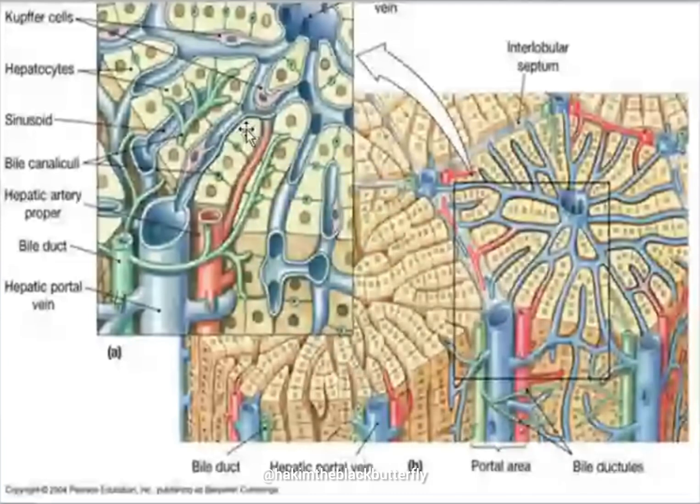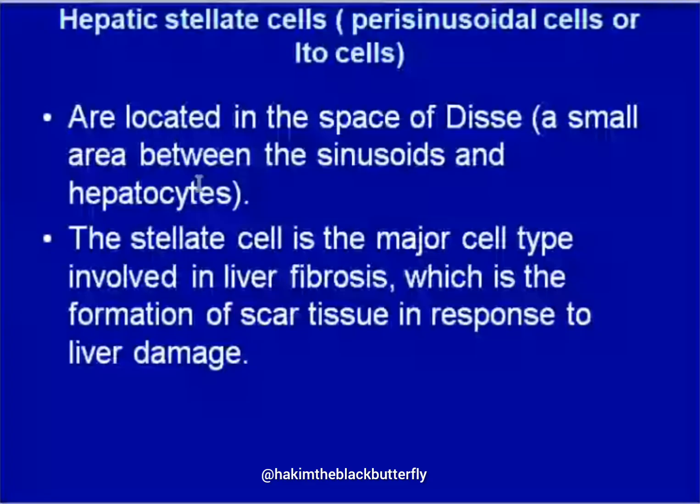also contains some cells. The space of Disse contains cells known as the hepatic stellate cells, or you can call them perisinusoidal cells because they are found in the perisinusoidal space, or Ito cells.